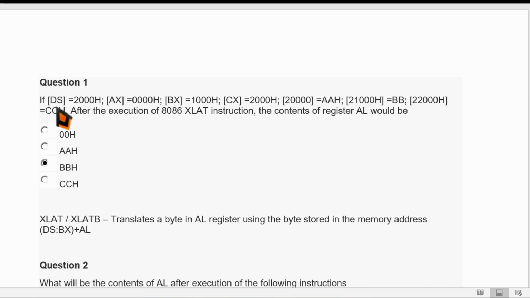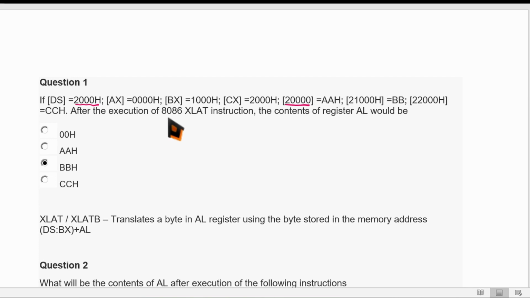Question 1. If DS is 2000H, that means 2000 hexadecimal, AX is 000H, BX is 1000H, CX is 2000H, then the memory location 20,000H contains AAH, the memory location 21,000H has byte BB, and the memory location 22,000H has the value CCH.